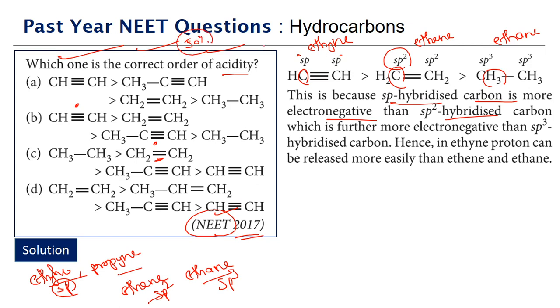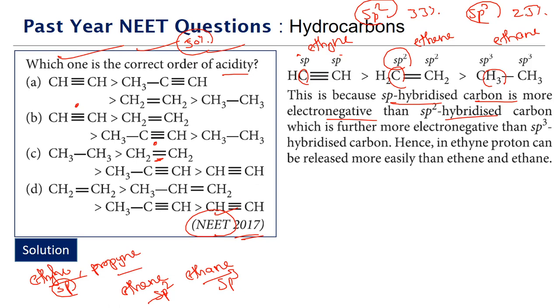S orbitals are closer to the nucleus, so that orbital will be held more strongly by the nucleus. It will come under greater influence of the carbon nucleus. That's why an sp orbital has a more electronegative nature than sp2 than sp3, because in sp2 the s character is reduced to almost 33%, and in sp3 it is reduced to 25%. So the more the s character of the hybrid orbital, the more the electronegativity.